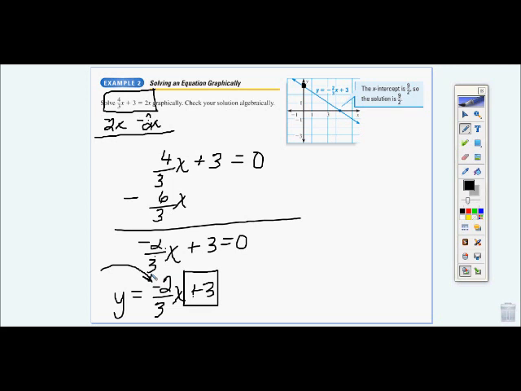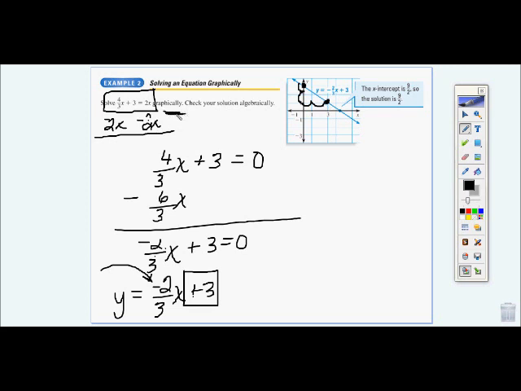So negative 2 means I'm going to rise, actually go down 2, and then I'm going to run 3. 1, 2, 3. Sorry, wasn't very good there. And you can see my other point. Now I connect those points, and there is the graph of the line.